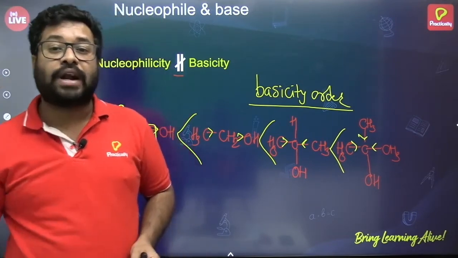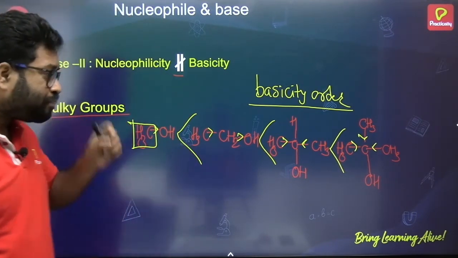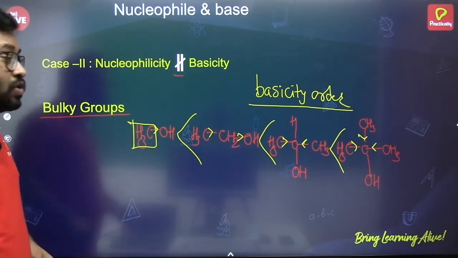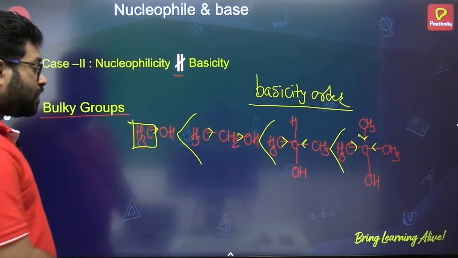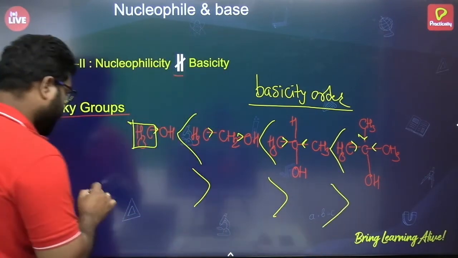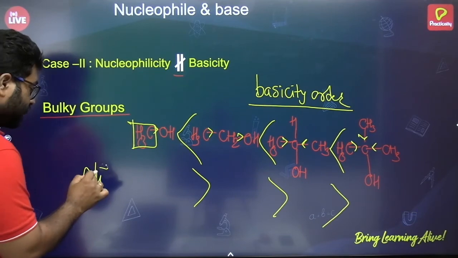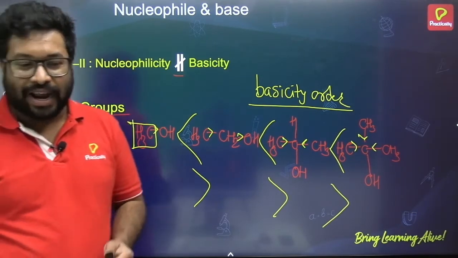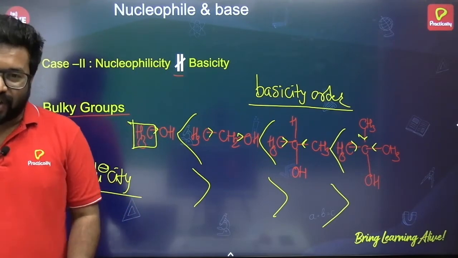It will not prefer to attack carbon, and that is why that is the weakest nucleophile, whereas this is the strongest nucleophile. So I would rather say the nucleophilicity order is reversed here for the reason which I told you just now. I hope you must have enjoyed this.